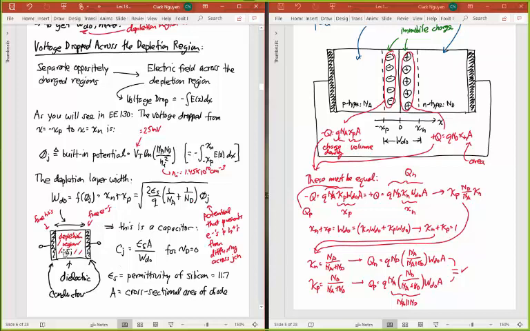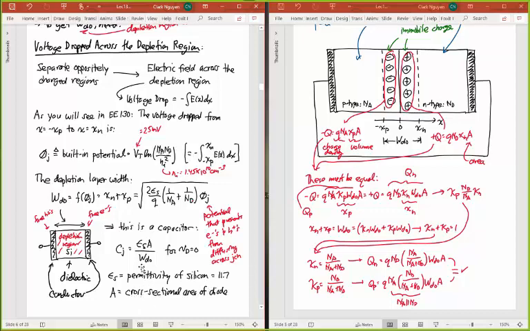And for that capacitor, I could take whatever its permittivity is, multiply it by the cross-sectional area, divided by the distance between these two, which we now know is the depletion region width. And so that should be familiar to you. This is the formula for a capacitor, where epsilon S is the permittivity of silicon again, that's 11.7, and A is the cross-sectional area of the diode.